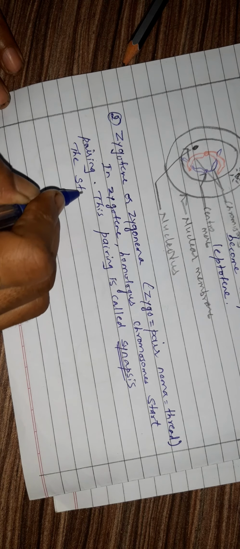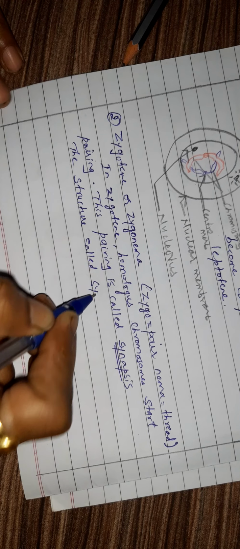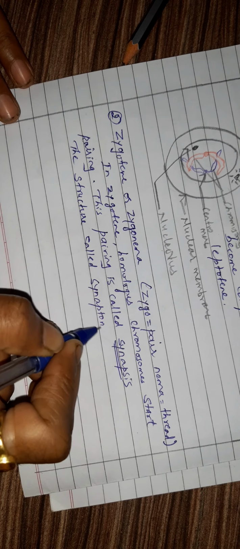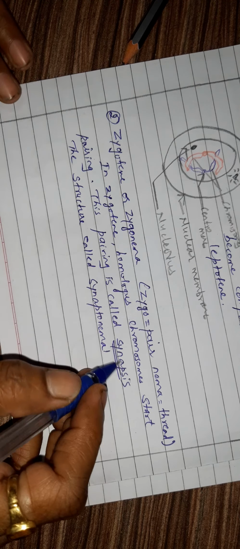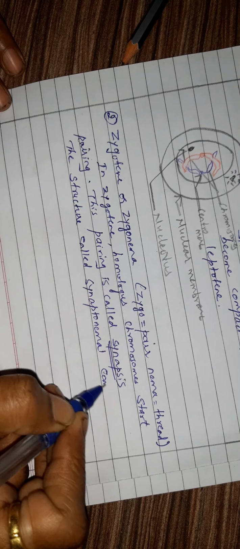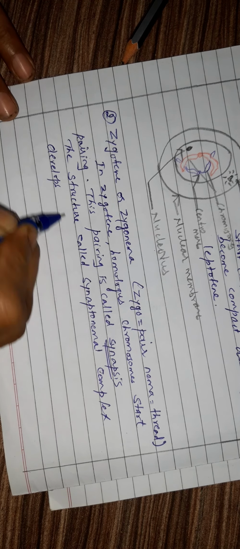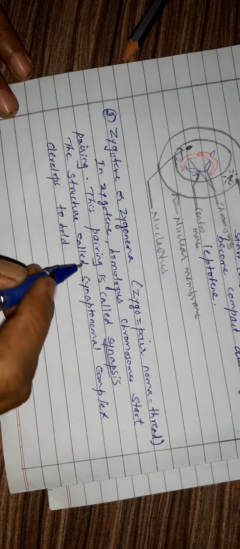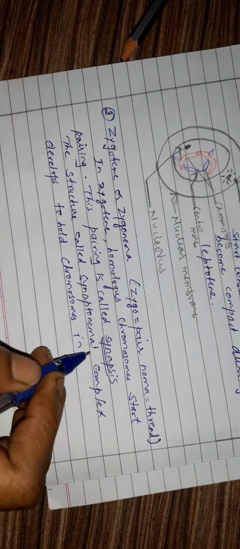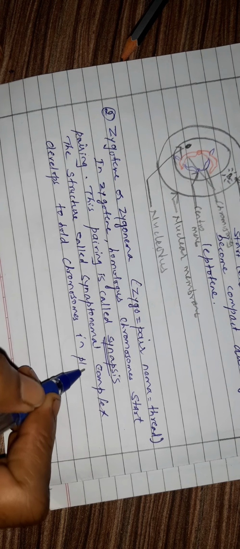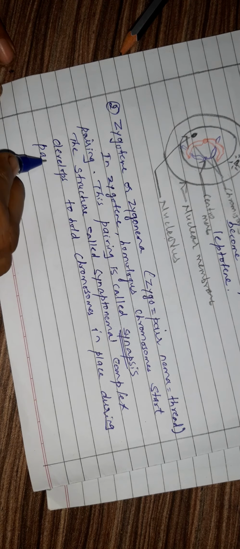The structure called synaptonemal complex develops to hold the two chromosomes in place during pairing.